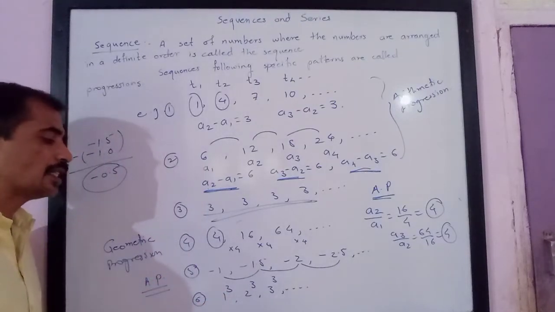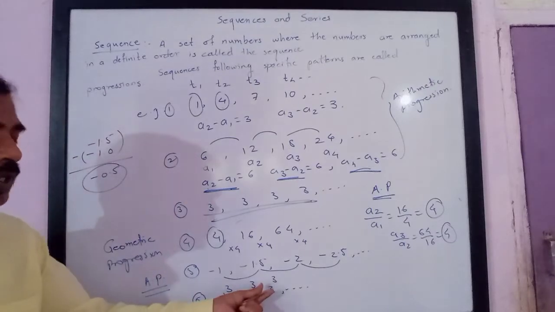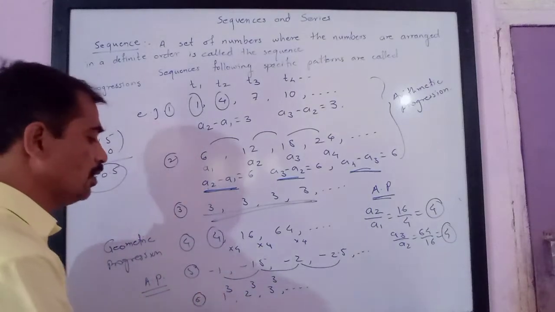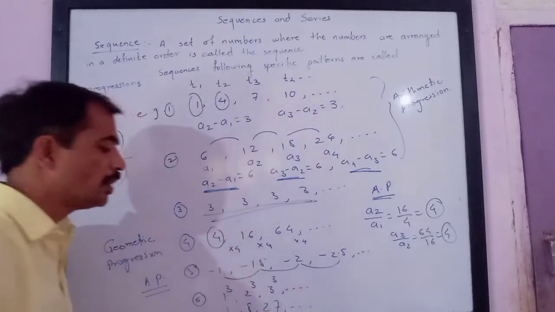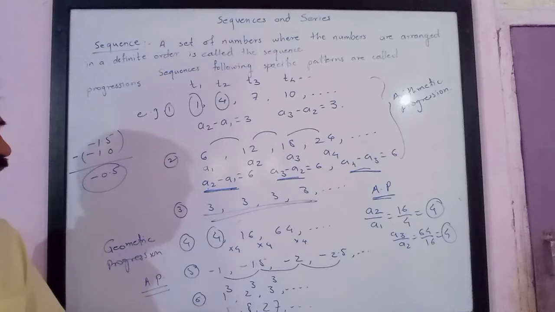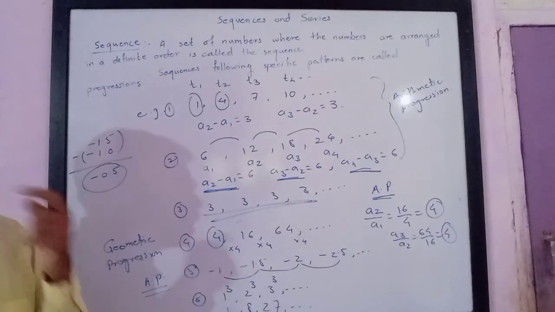Now let us check the sixth. It is 1 cube, 2 cube, 3 cube and so on. So if you write, it is 1, 8, 27 and so on. Please note, if you try to multiply the terms, we can't obtain the next term.